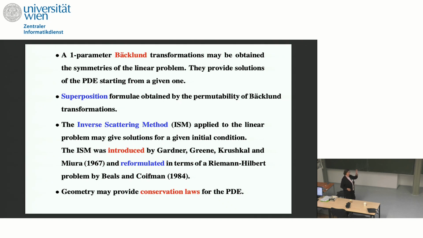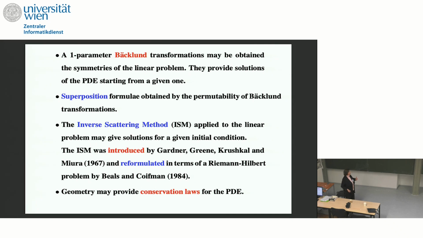So the Bäcklund transformation, as you saw in the case of sine-Gordon, is because you can produce new solutions from a given one. Superposition, you get new solutions algebraically. And the inverse scattering method is because once you have an equation, you want to obtain the solution once you have u of x, 0. You give us something for t equal to 0, and you want to get the solution for u of x, t.